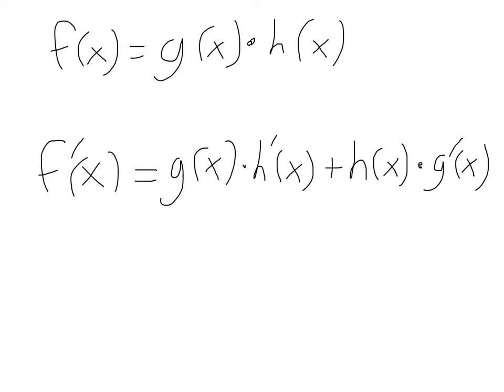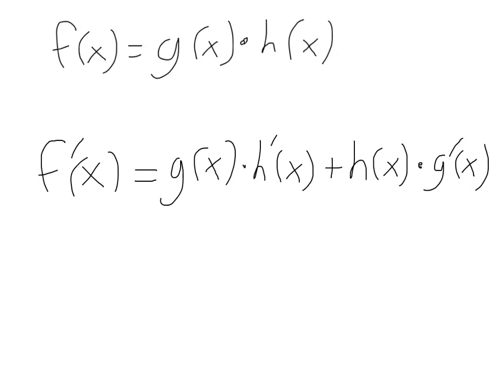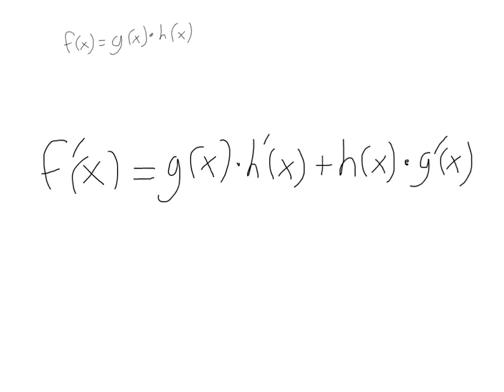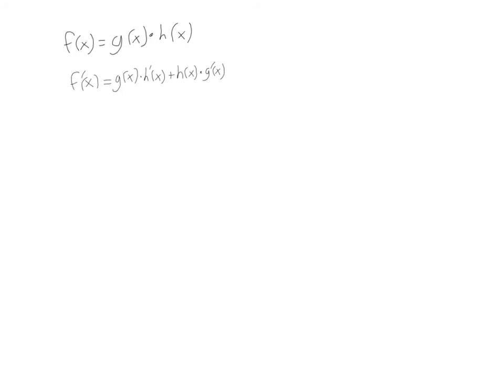and add them together. And alright, so for example, let me make these a little smaller so we can have them. Let's say that f of x, for example, equals x squared times sine of x.